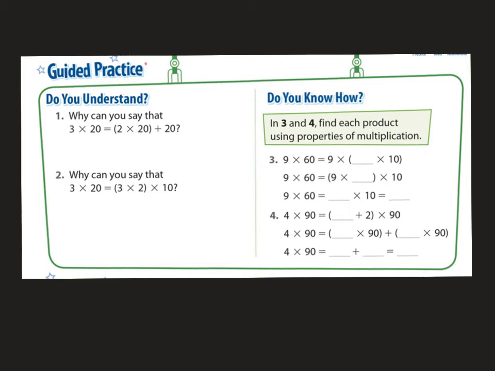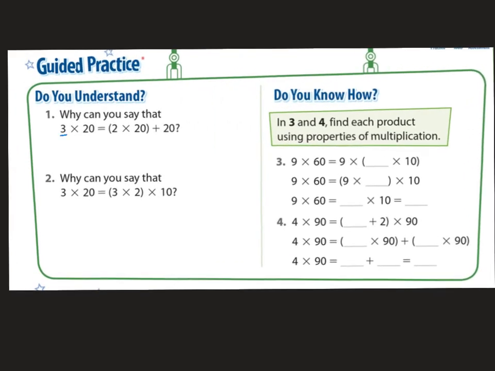Well, I'm going to try to figure out which property of multiplication they're using. So I see here that they have 3 and 20. And then I see over here they're saying it's the same thing as 2 times 20 plus 20. Now I notice something is missing right here. Isn't 20 the same thing as 1 times 20? Right? You still get 20.